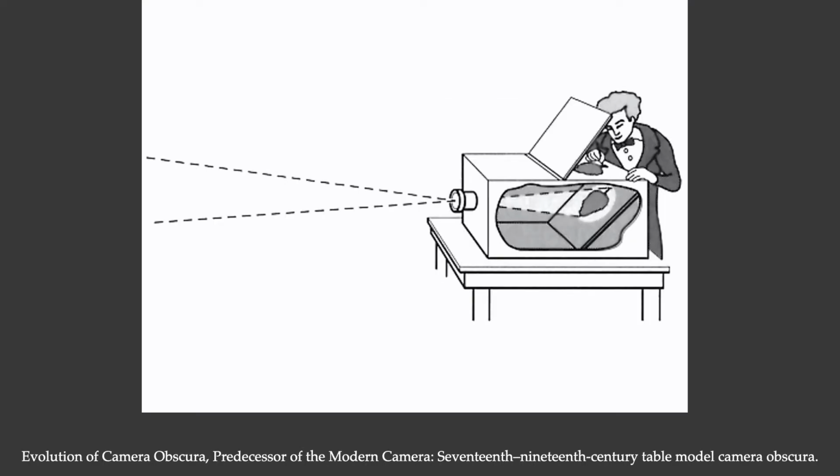So they developed these smaller tabletop cameras obscura that would have a lens and an aperture that could be adjusted, made larger and smaller, to project a miniaturized image onto a surface, and then they could look down through this little window on top of it, and trace the things that they could see on that surface inside there.